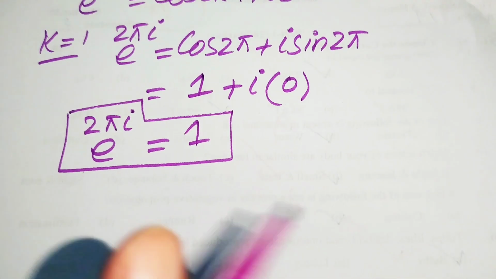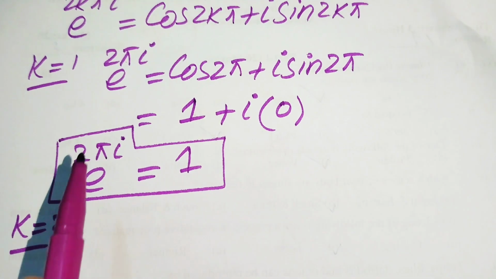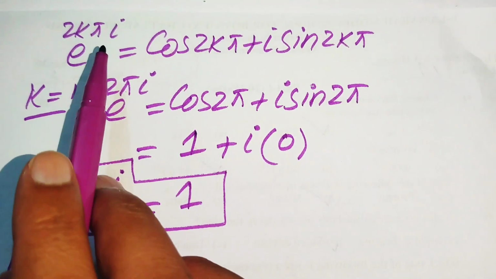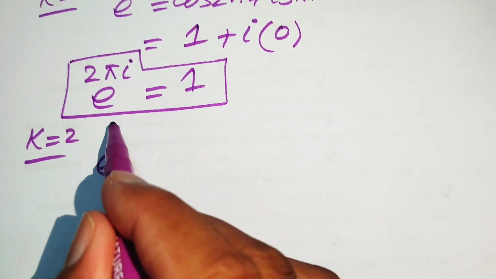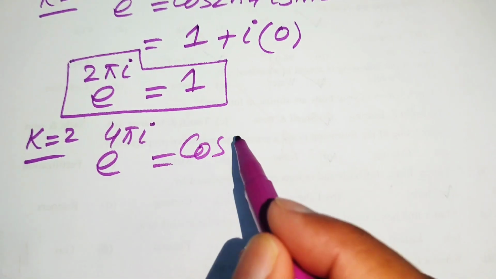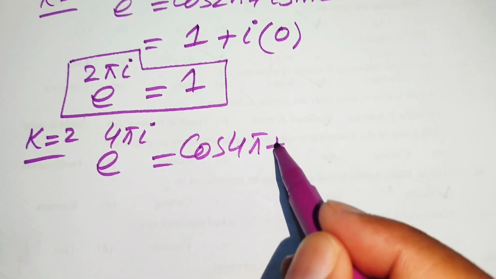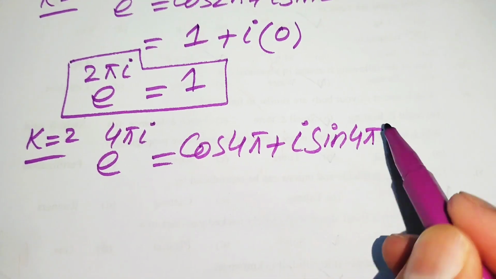Now we check at k equals 2. So when you check k equals 2, it means that we put k equals 2 here and check its behavior. So we get e to the power of 4 pi iota is equal to cos of 4 pi plus iota sine of 4 pi.